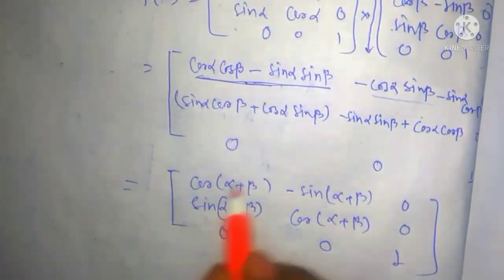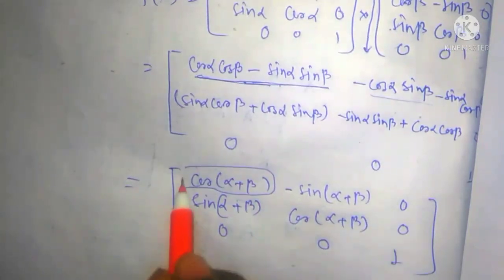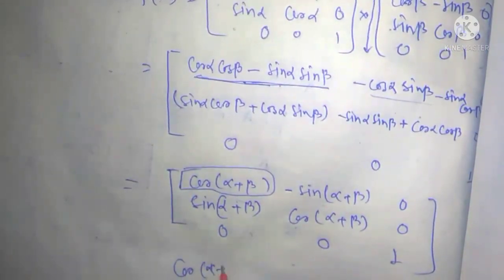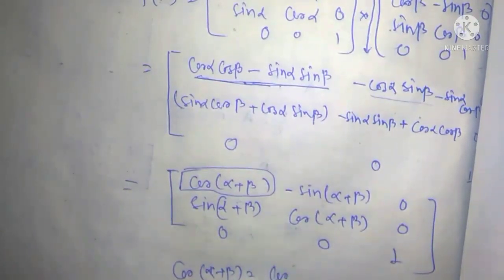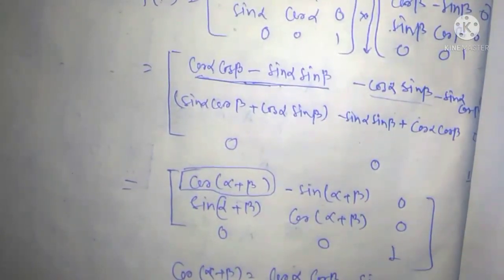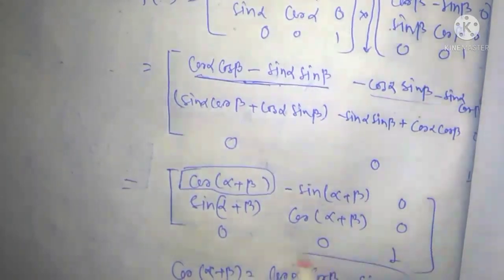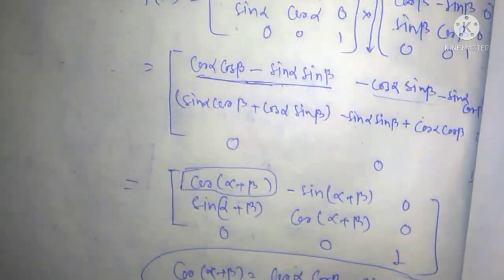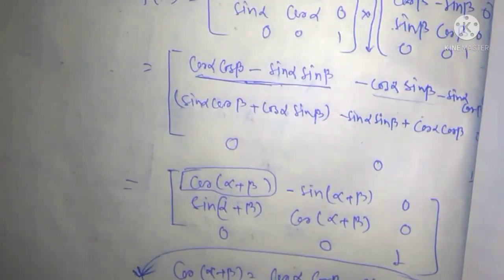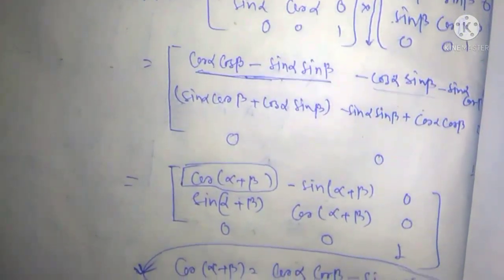So the rule is cos(alpha plus beta) equals cos alpha cos beta minus sin alpha sin beta. This is the rule of trigonometric functions. If you don't get it, you can search in Google.